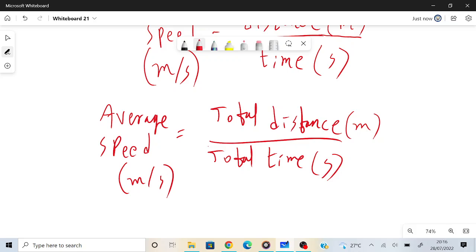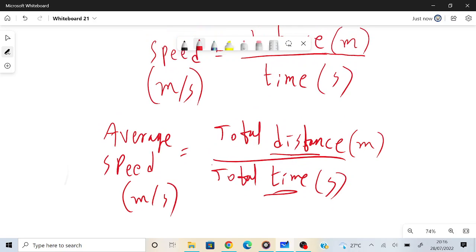Then they could ask me for the time or the speed in both of those events individually, and then they would ask me for the average speed, that is the whole journey as a whole. So I would add up all the distance that's covered and the total time taken. So that's basically the difference between the two.